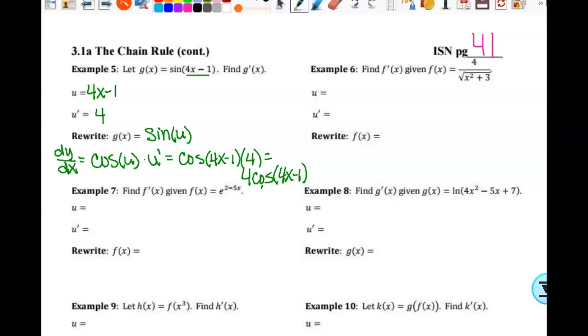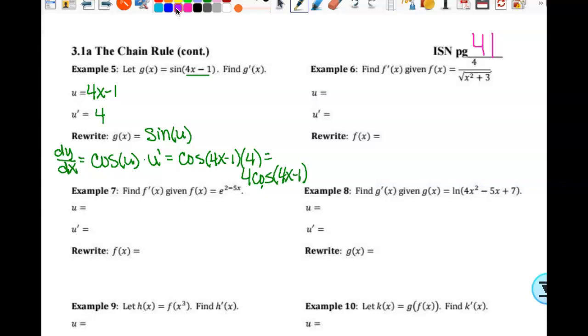All right. Do I need to rewrite number 6 before I do it? Yes. Why? I have square roots in the denominator, and I have variables in the denominator, right? So I do want to rewrite it.